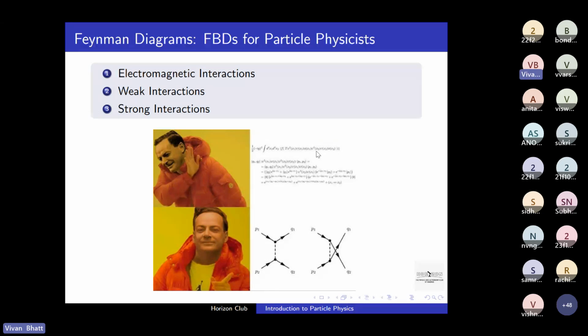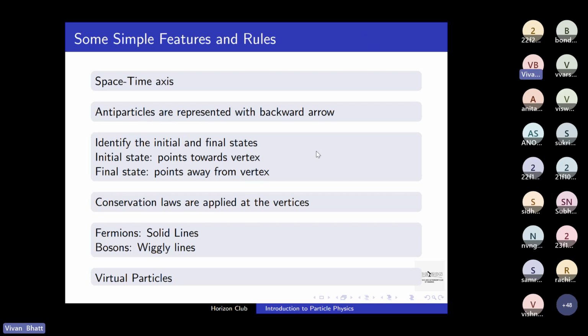And not only that, when you actually use the Feynman rules, you can write these Lagrangians, you can write the amplitudes, you can just hypothesize any random decay. You can find what the decay rate would be, and it's brilliant.